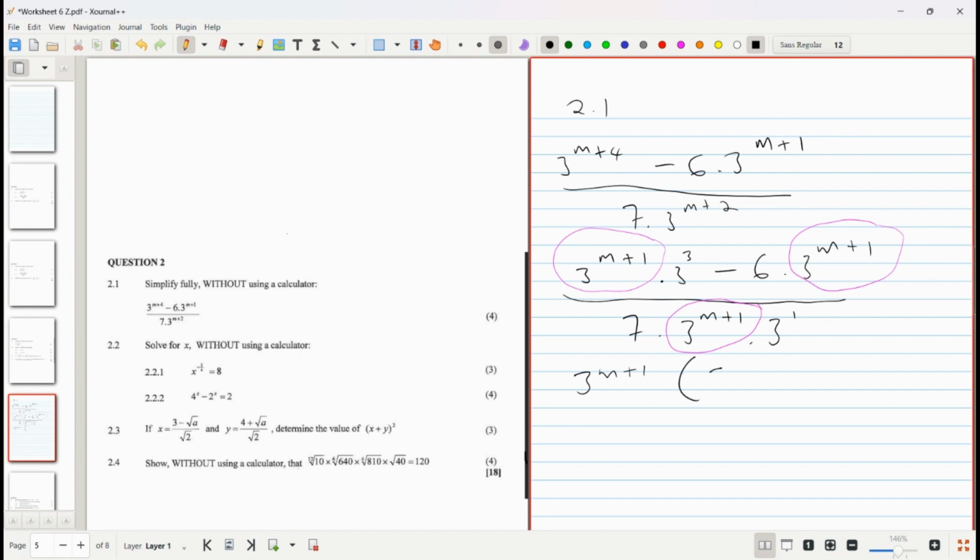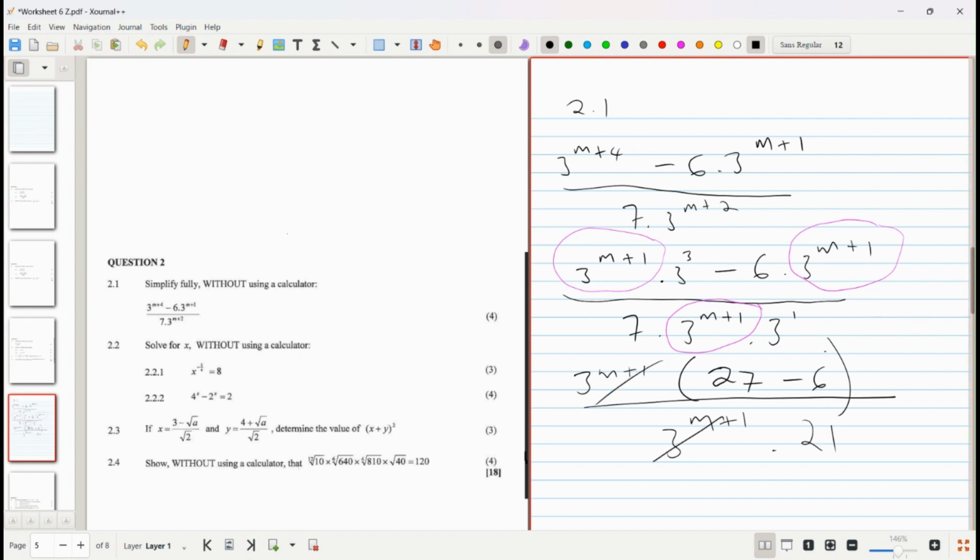What is 3 to the power 3? It is 27. And then we have minus 6. Remember, we also take this one out: 3 to the power m plus 1 multiplied by 7 times 3. What is 7 times 3? It is 21.